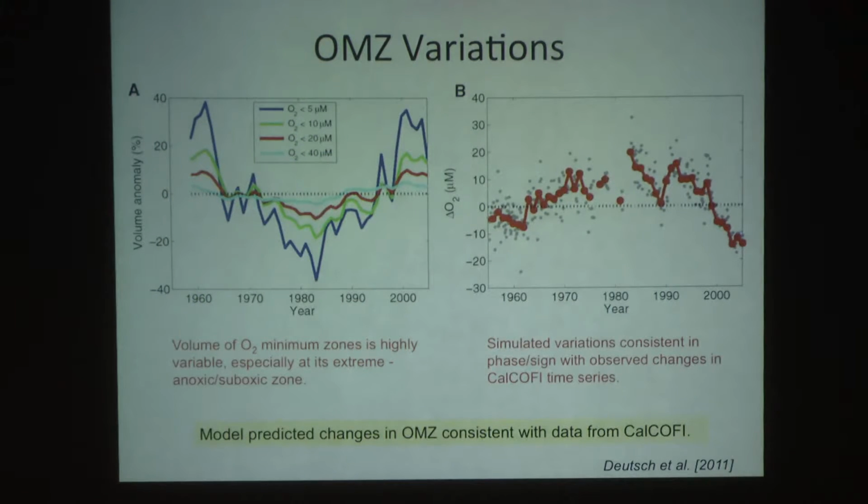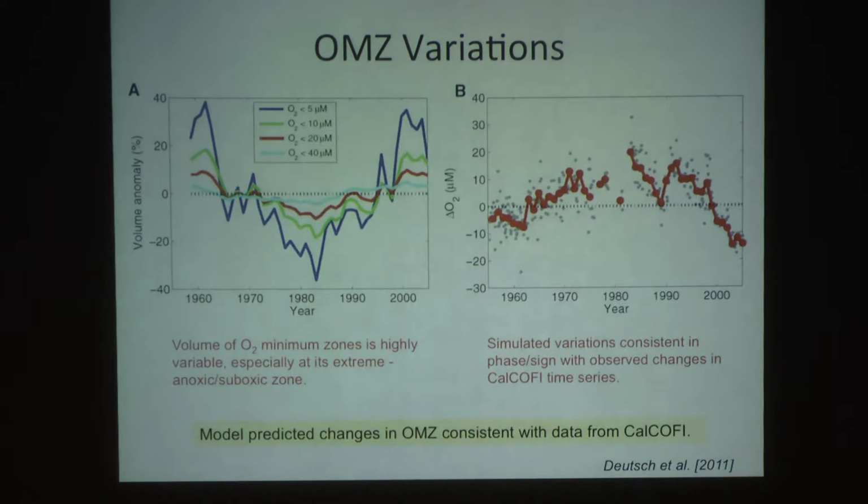Okay, so here's what we find when we do this model simulation over the past, since the International Geophysical Year, 1958, till almost the present, although an ever-receding present. We find that the volume of low oxygen water goes up and down quite a lot, okay?